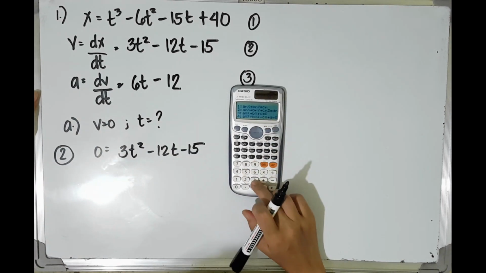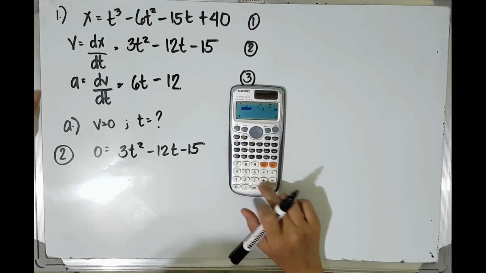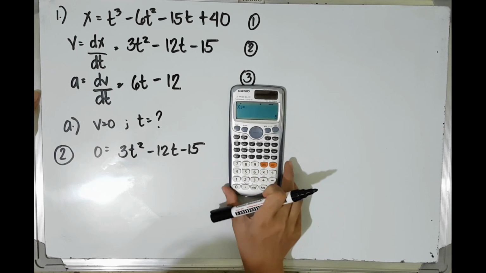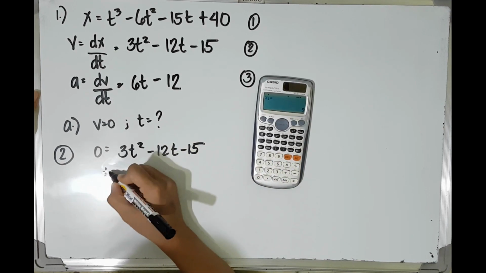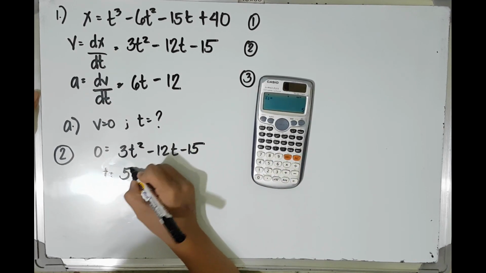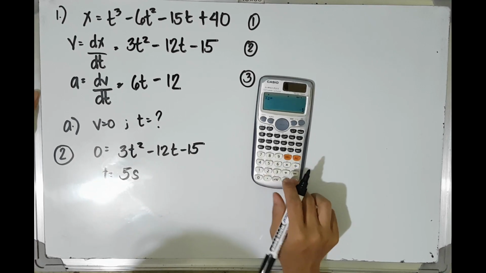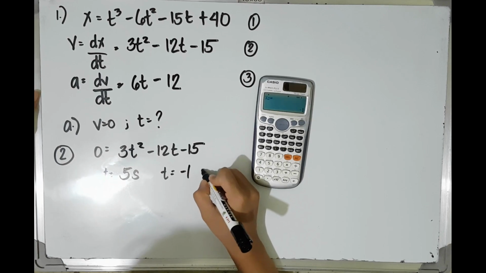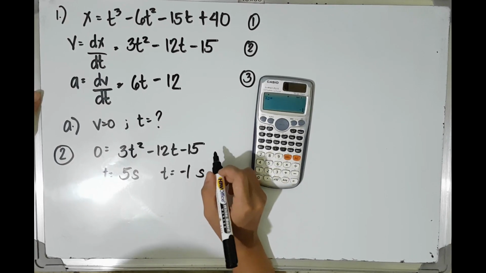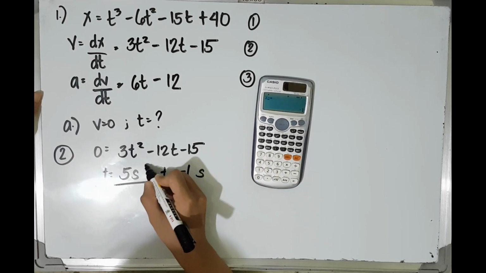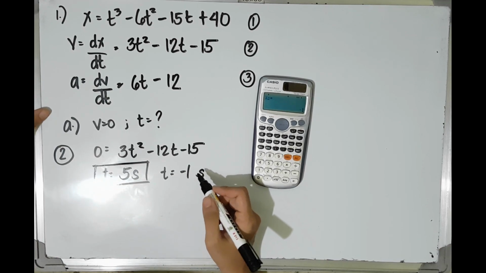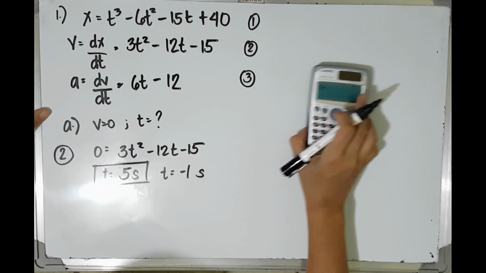Therefore, our time will be 5 seconds, and the other one is negative 1. So we will consider 5 seconds, because there is no negative time, so we will consider the positive value.